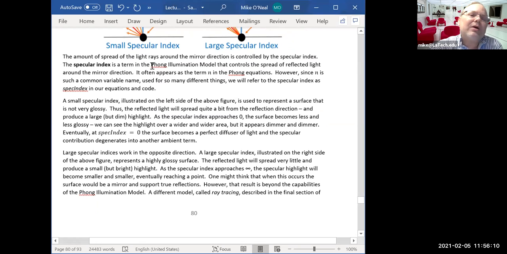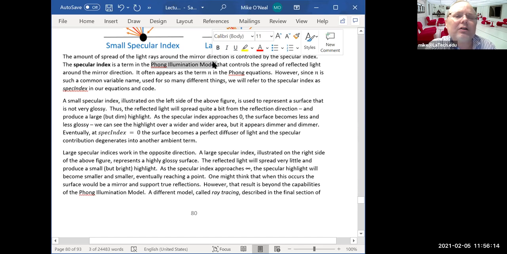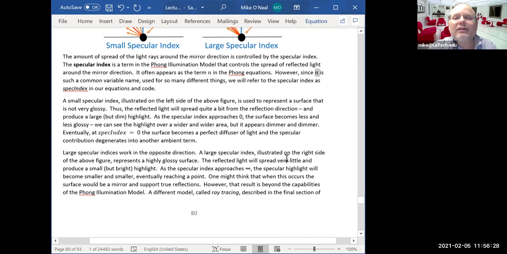Now, the model that we're going to look at is called the Phong illumination model, sometimes called the Phong reflection model or the Phong illumination reflection model. And like I said, in the literature, they'll talk about the specular index as being n, but again, that's an overworked variable, so I'm calling it spec index.